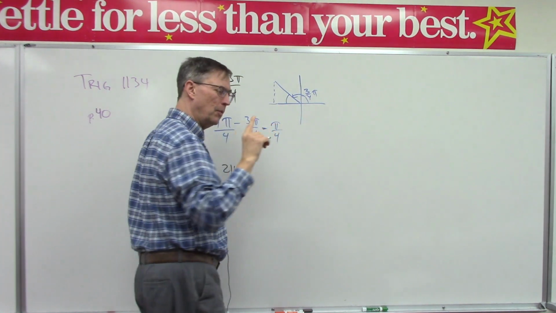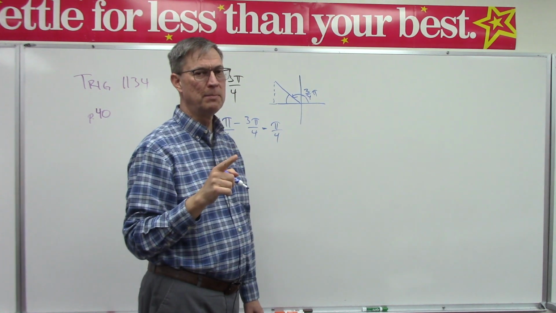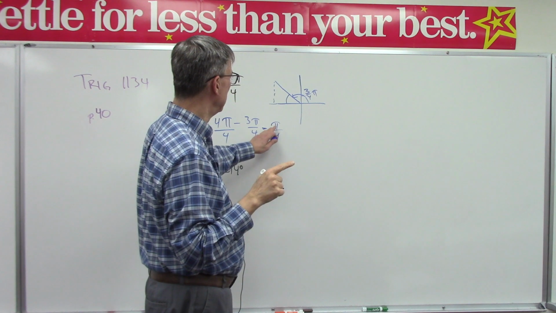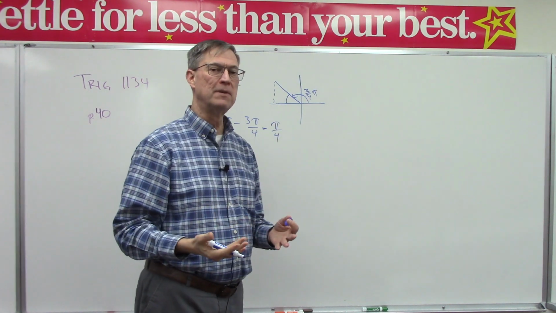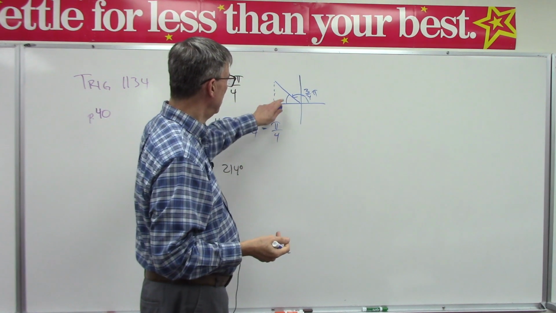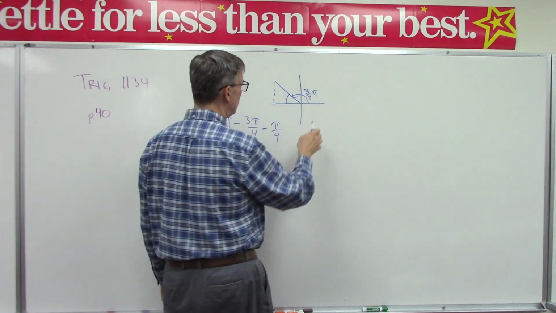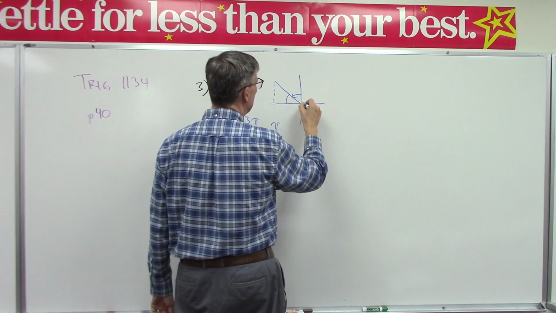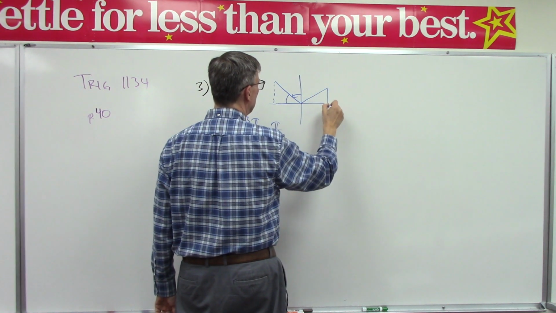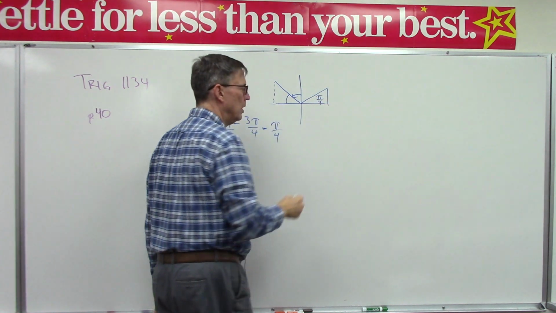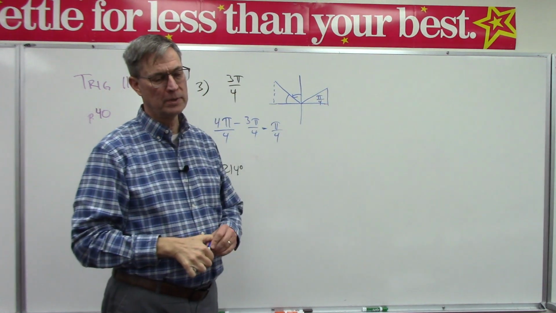So one technical difference they make here is that they say the reference triangle always has to be in the first quadrant. So now that we know it's pi over 4, we want to redraw that over here in the first quadrant. And so we'll call this just pi over 4, and that is our reference angle.